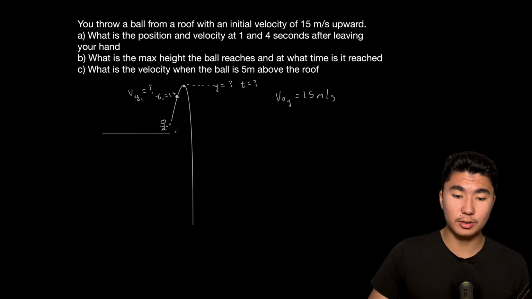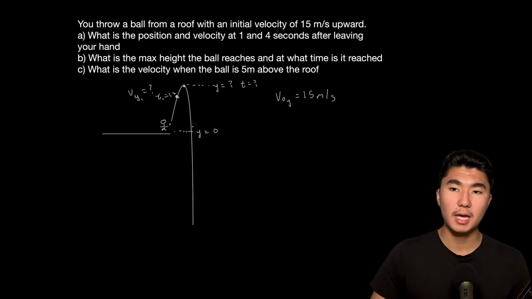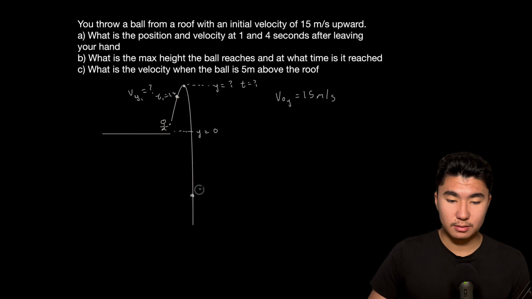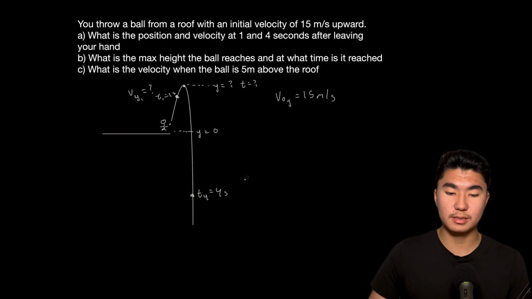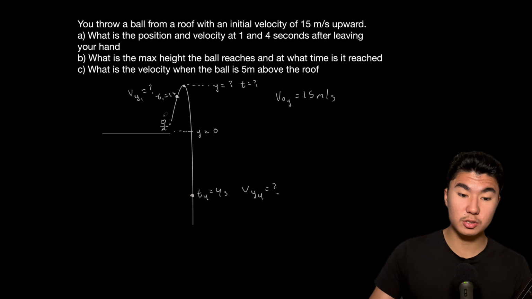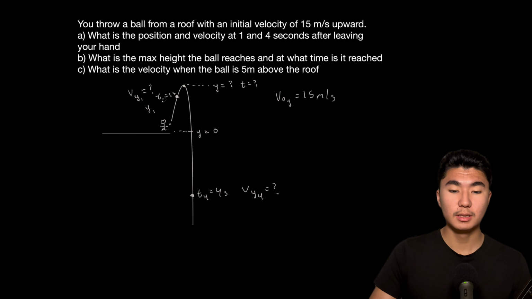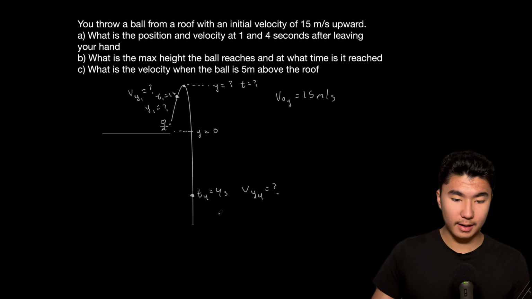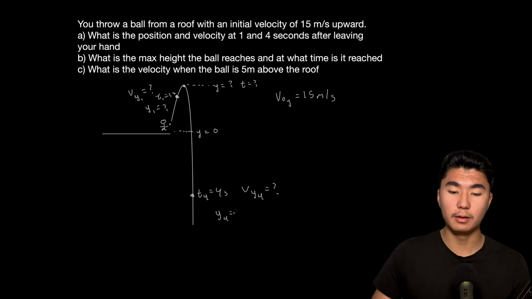Our Y0 is somewhere over here, so we can say that this is our initial position. And 4 seconds might be somewhere here. So T4 equals 4 seconds, and we want to find the velocity of this as well. We also want to find the position at time T1 and at time T4.